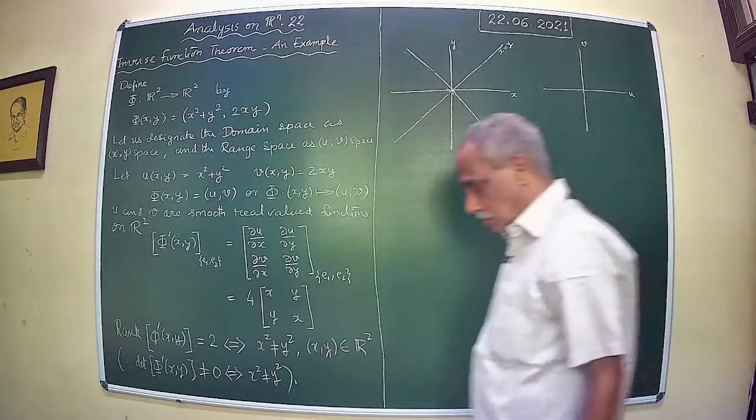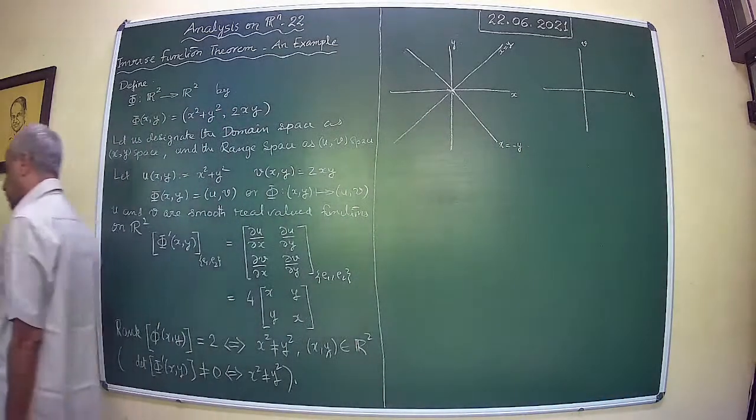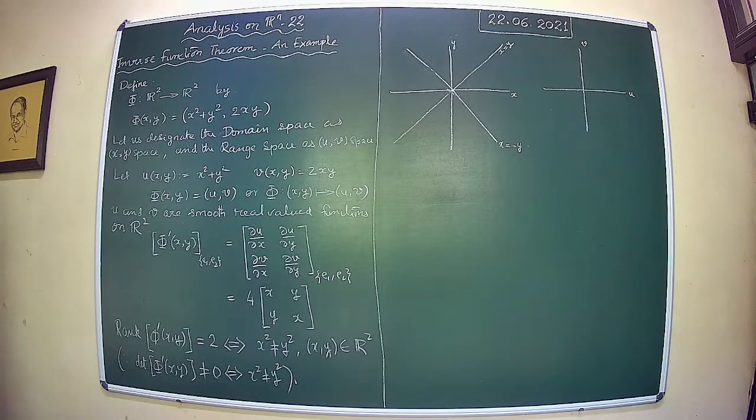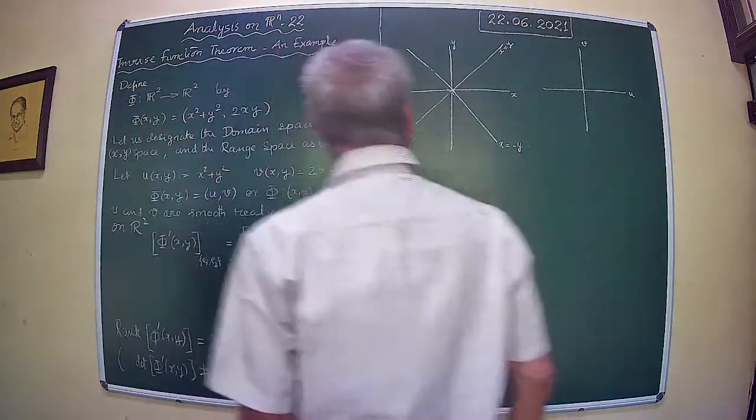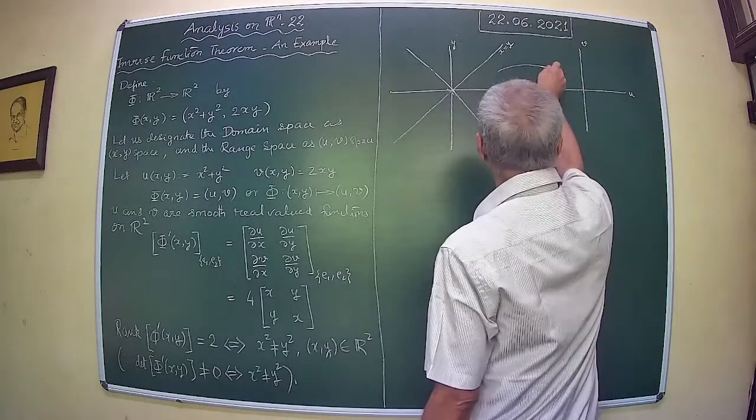So in the complement of this pair of lines, phi is differentiable. And phi is a map defined from here.